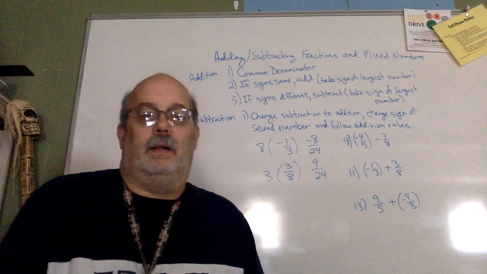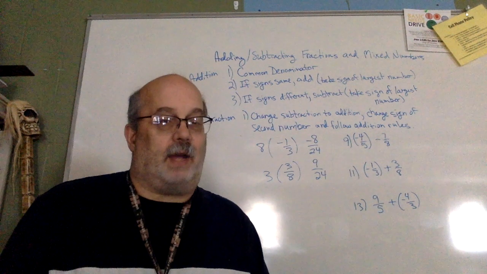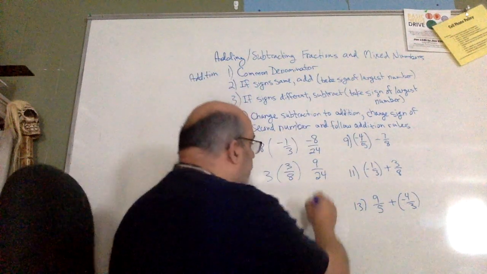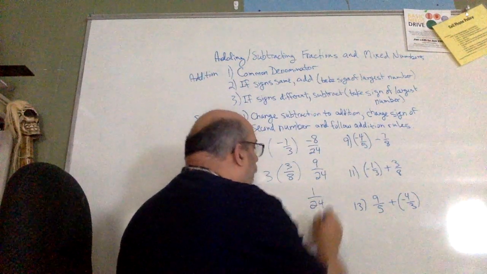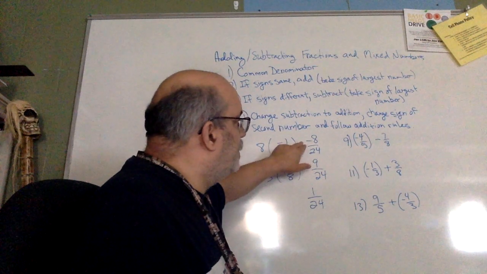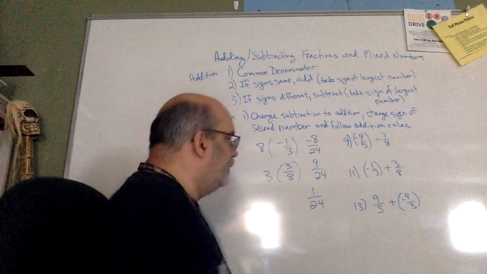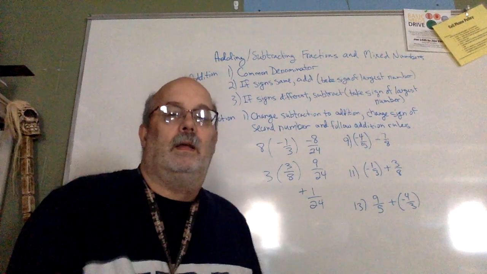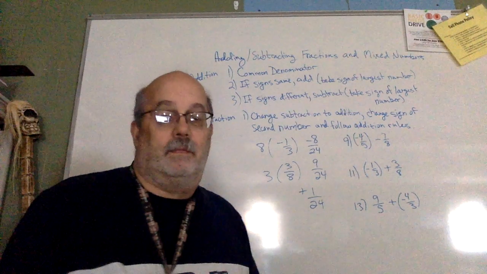It's one's addition, one's subtraction, so we're going to subtract. 9 minus 8 is 1 over the bottom, which is 24. Don't change the bottom. 9 is larger than 8, so it's a positive. Does not reduce, so that one's complete.